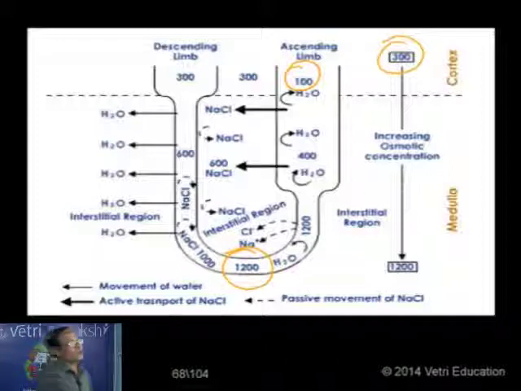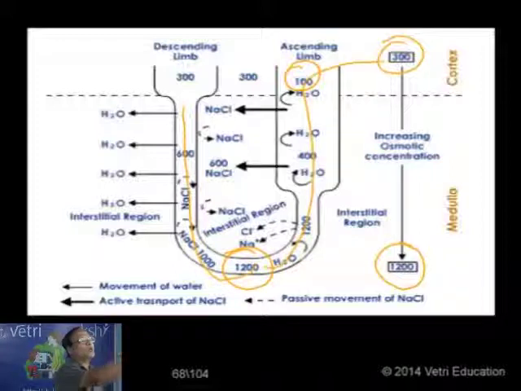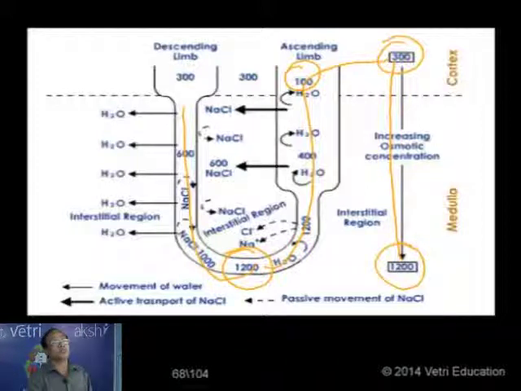So once again you see that the osmolarity is being increased. Here it is increasing and then again decreasing, reaching 300. Once again it is reaching 1200 at the end of the collecting duct. This is because of the effect of the ADH hormone. It favors the reabsorption of more and more water, so that the solution becomes more concentrated and more and more hypertonic.